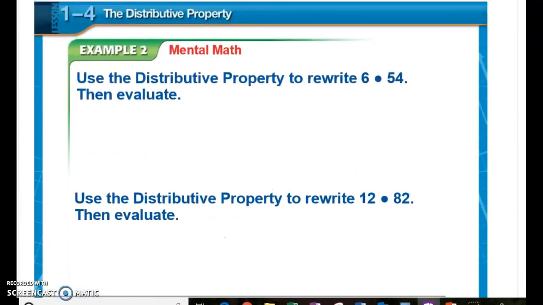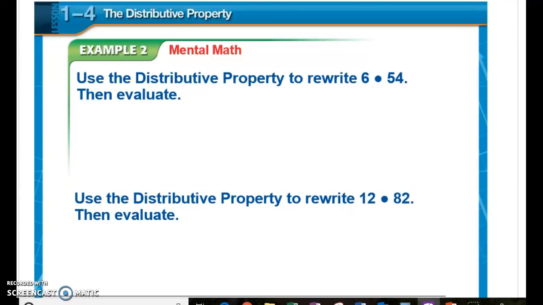Now I know I scroll past this faster than you can write on some of these, but just go ahead and pause the video if you need to. Alright, so we're going to use the distributive property to rewrite. So this is a skill that helps us learn how these things break down.